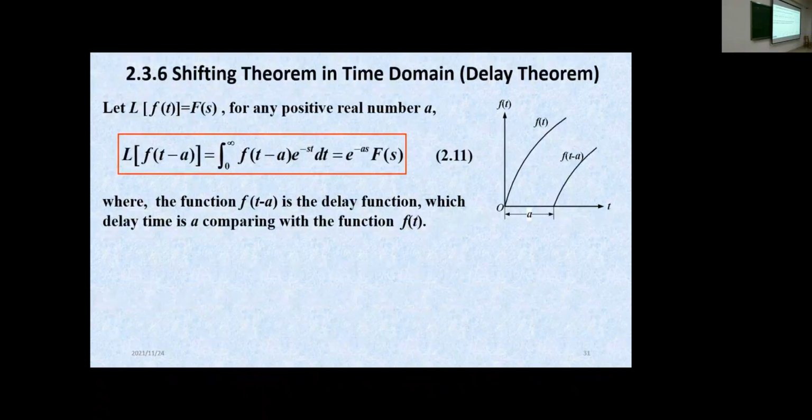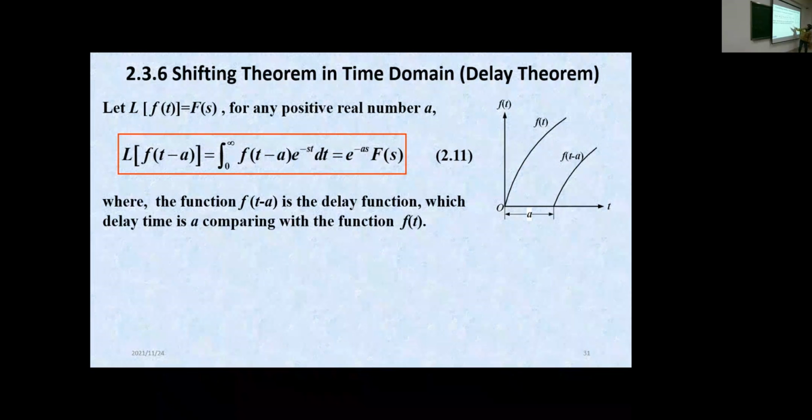Okay, shifting theorem in the time domain, or we call it the delay theorem. The Laplace transform of f(t) is given for any positive real number a. Now it's no longer a function of t, but we have a delay here, f(t minus a). Then, according to the definition of the Laplace transform, F(s) is like this, right?